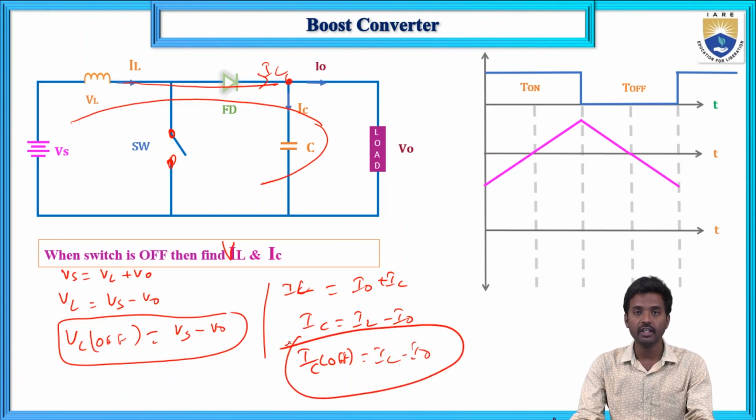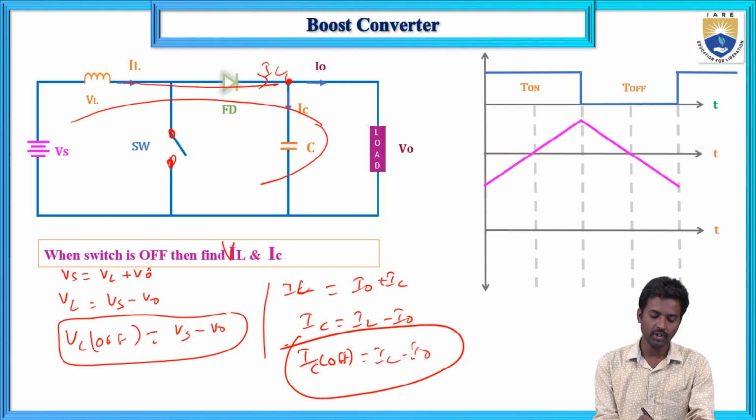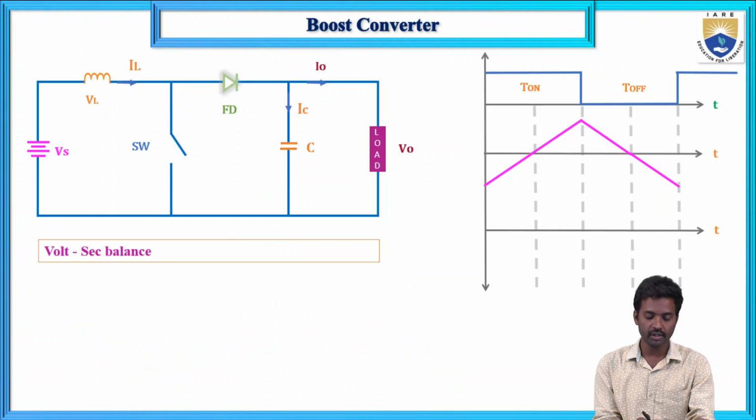So we have calculated, when the switch is on, the voltage across the inductor and the capacitor current, and when the switch is off, the voltage across the inductor and the current flowing through the capacitor. These are the formulas. Now volt second balance: VL on into T on plus VL off into T off.